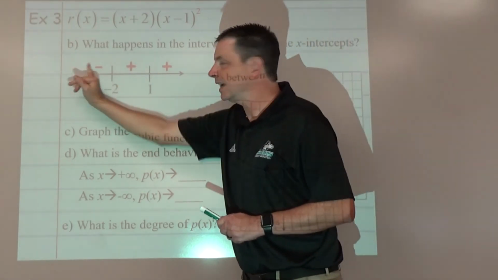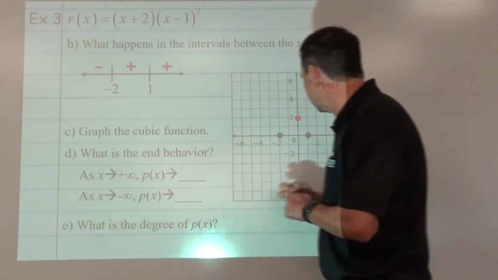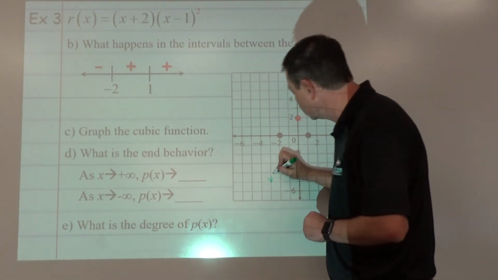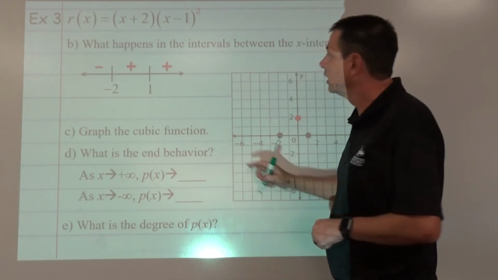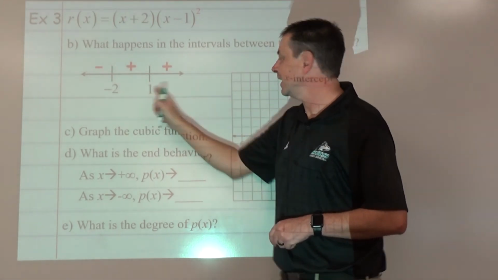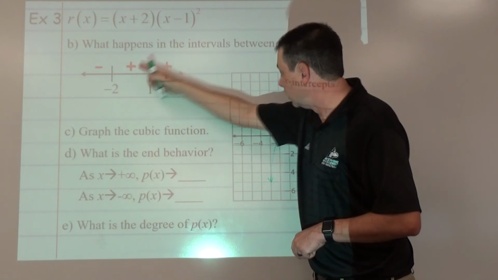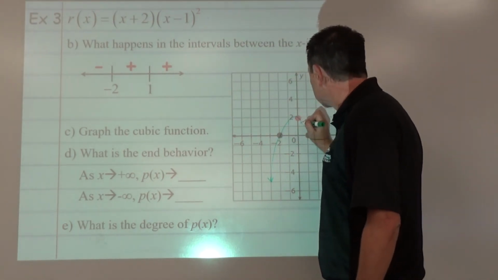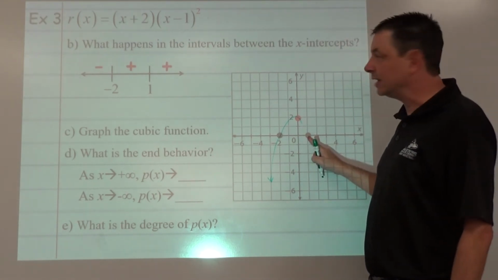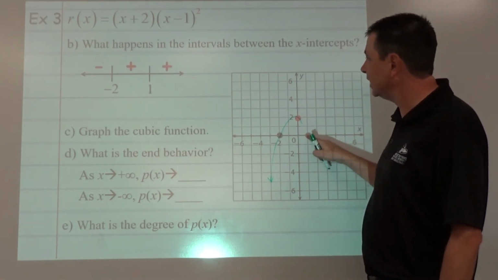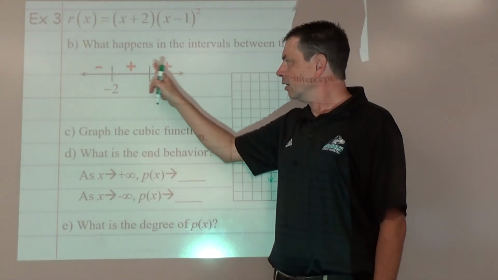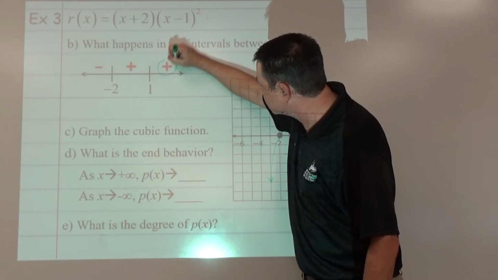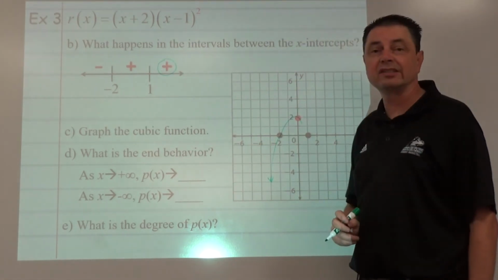So let's see what that looks like for our graph. Left of -2, we start out low, below. Then between -2 and 1, we are above and pass through our y-intercept. But here's what happens when we hit 1. Beyond there, we don't want to go below because this says that we want to stay above.